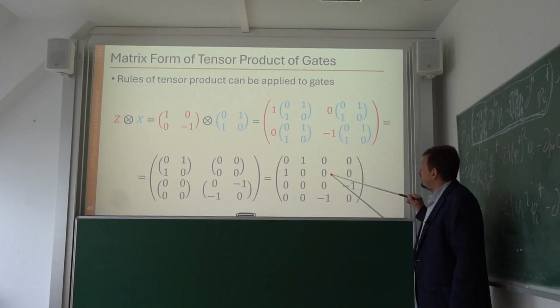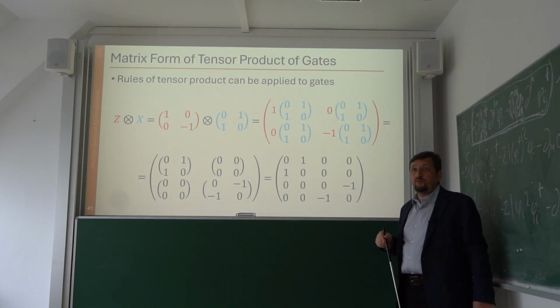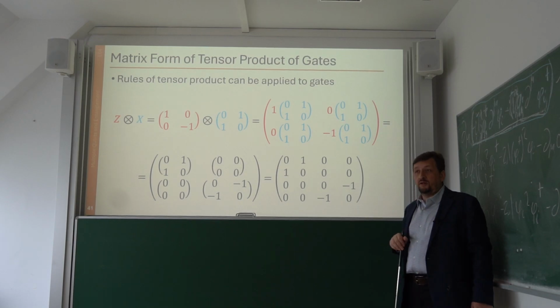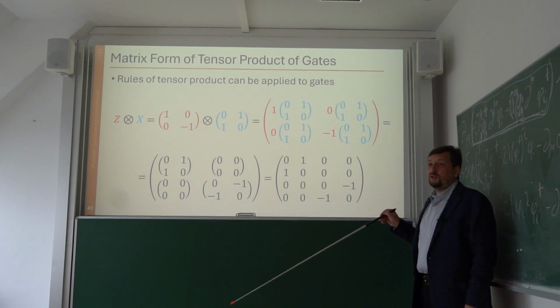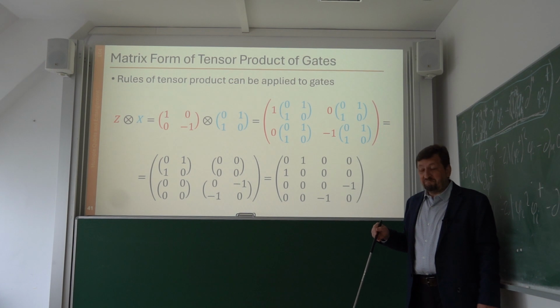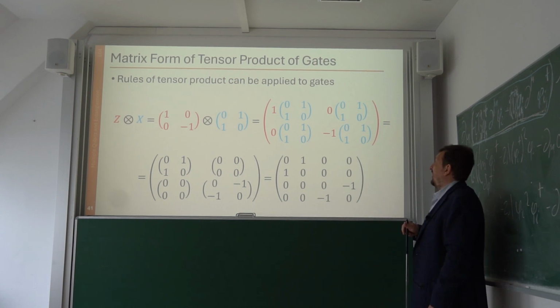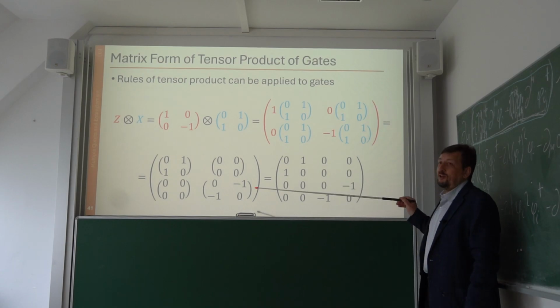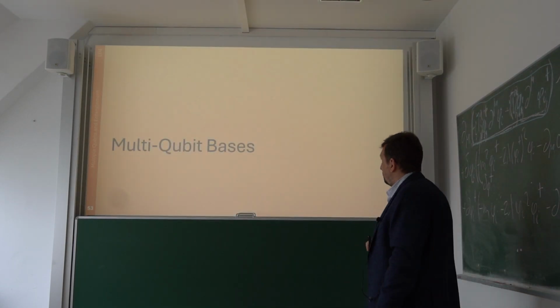Again, with 2 qubits, gates are described by 4 by 4 matrices. This is something that we can understand. For 3 qubits, it's an 8 by 8 matrix. It's very difficult even to write everything, so this approach can be used only for 2 qubits.